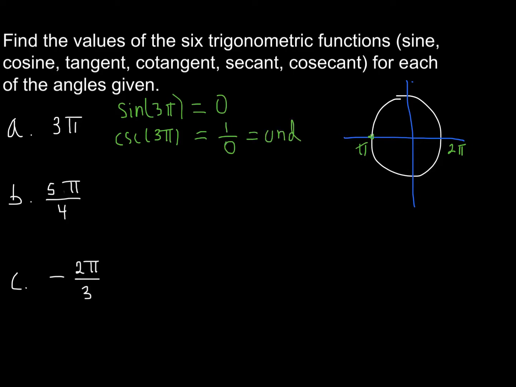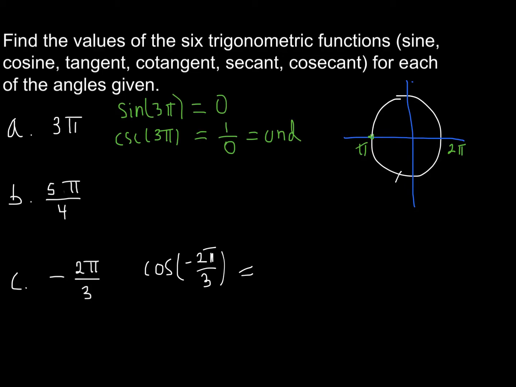Right, let's do one more here. So let's do the cosine of negative 2 pi over 3. What you need to realize is that this is moving clockwise. And where's 2 pi over 3? Well, this would be 1 pi over 3, and this would be 2 pi over 3.